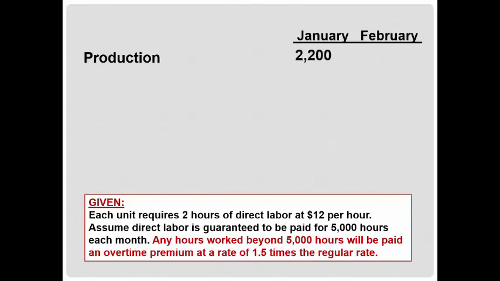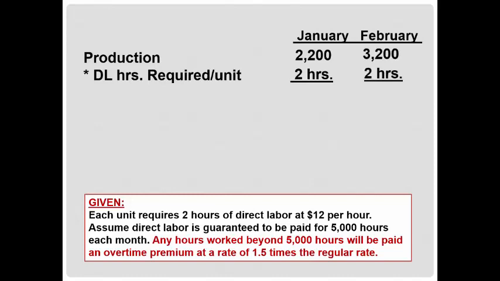Production in January is 2,200 units. Production in February is 3,200 units. That was computed in Part A when we prepared the materials budget. Notice that production feeds into the direct material budget, the direct labor budget, and it will feed into the overhead budget. Now we'll multiply by the direct labor hours required per unit, and we're told that that is 2 hours per unit in both months.